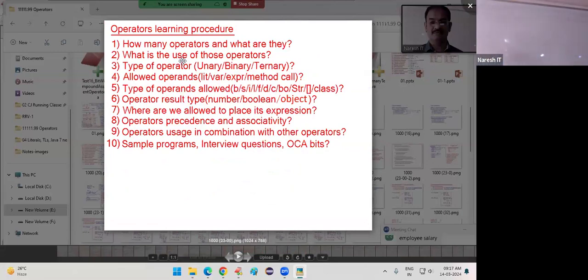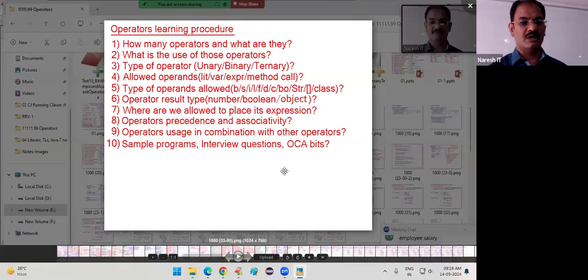It is used for increasing a variable value exactly by 1.